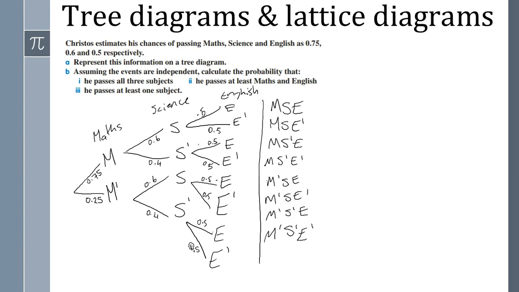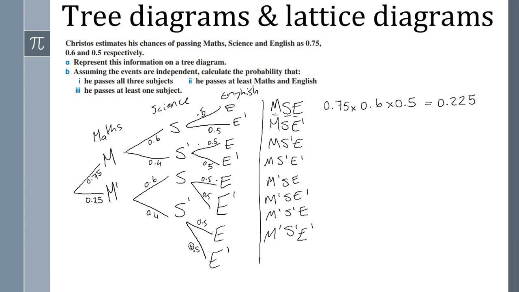So to find the chance of passing maths, science and English, we actually need to multiply all the probabilities together. So it's going to be 0.75 times 0.6 times 0.5. Okay, chance of passing maths, chance of passing science, chance of passing English. And that's a 0.225 chance of that happening.